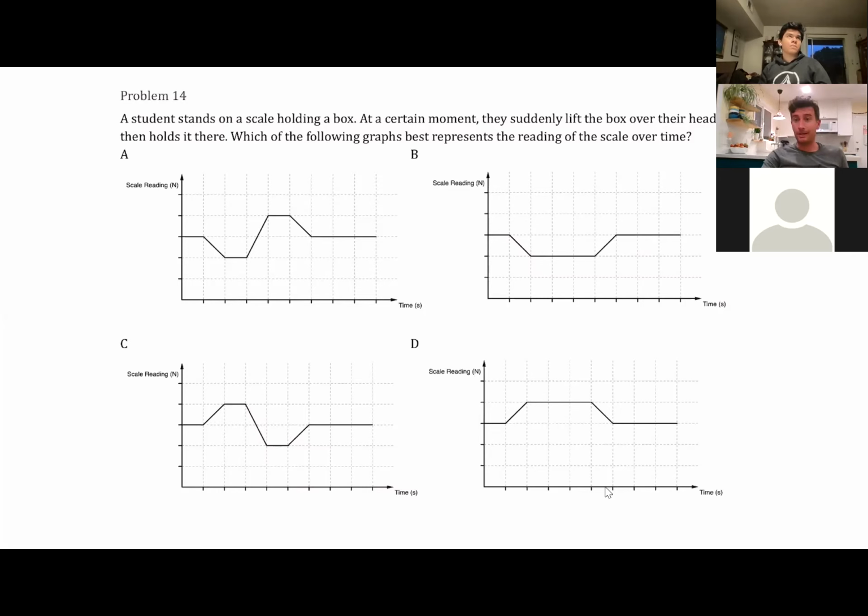Okay, I have to be honest, I have to solve this one by physically doing it.